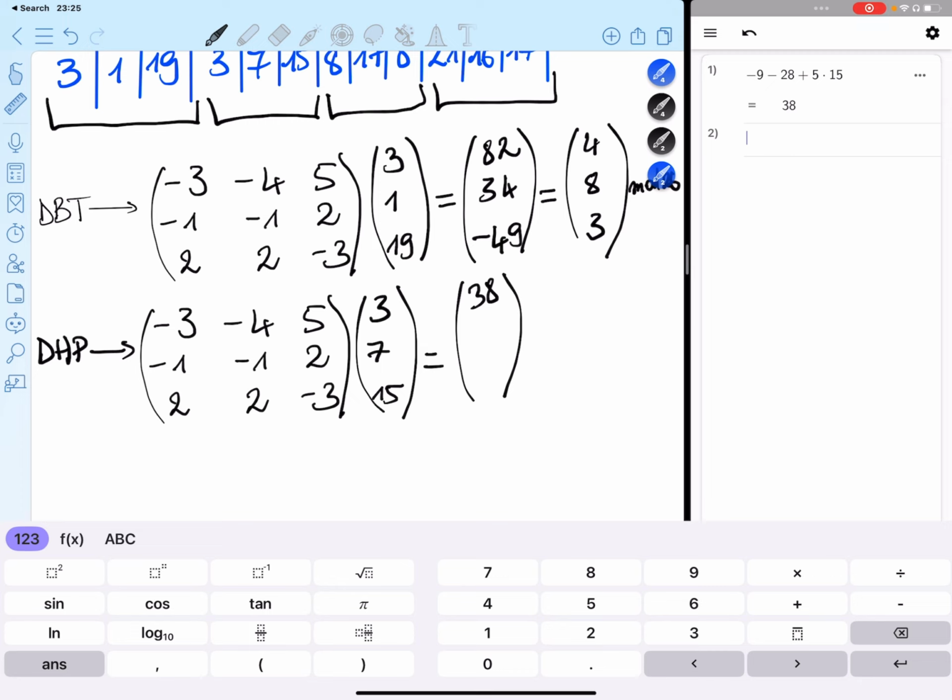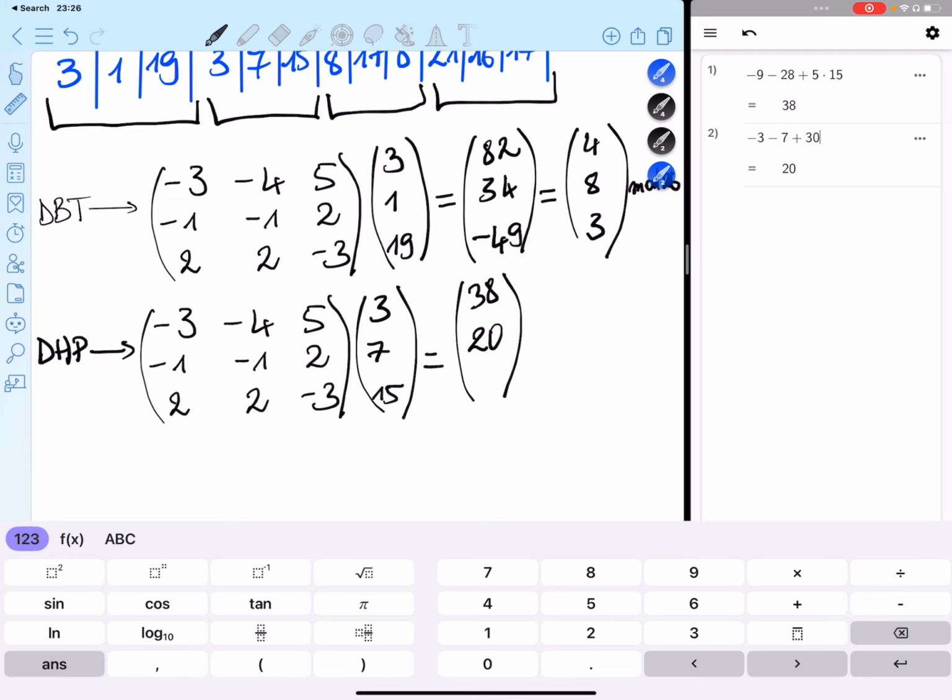Then for the second entry, I'm going to have minus 3, then minus 7, then plus 2 times 15, which is 20.